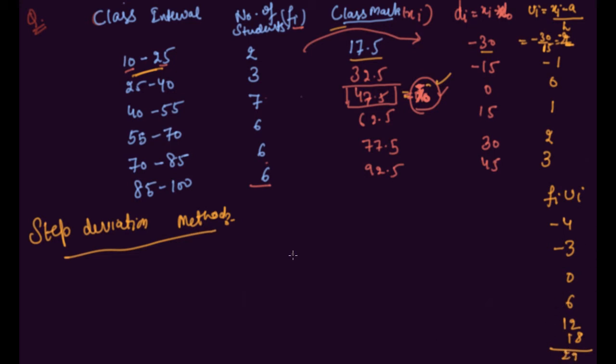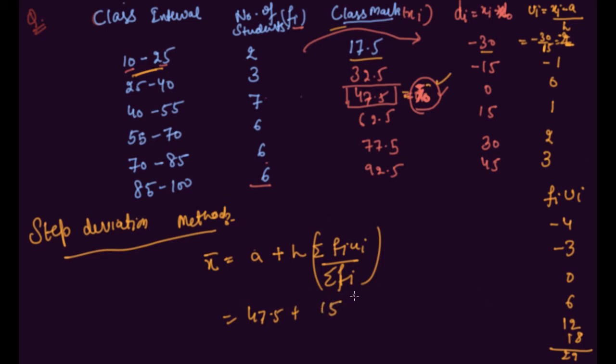So the formula for the mean is assumed value plus height into summation fi ui upon summation fi. Assumed value was 47.5 plus height is 15, fi ui is 29 upon summation fi is 30. So what I get here is 47.5 plus 14.5, and we get the same value as 62.